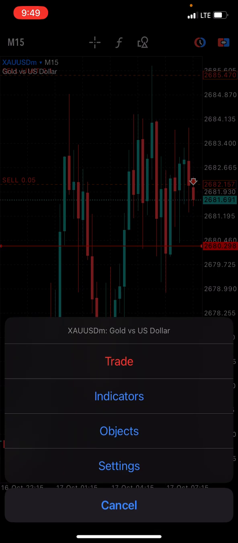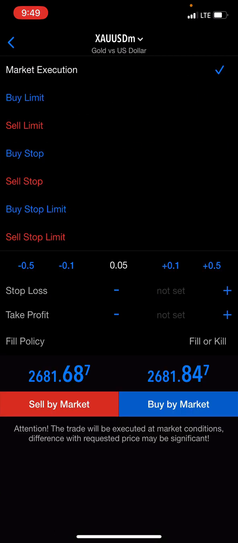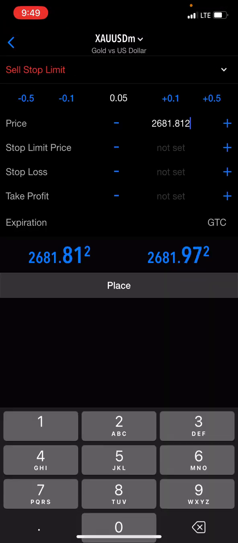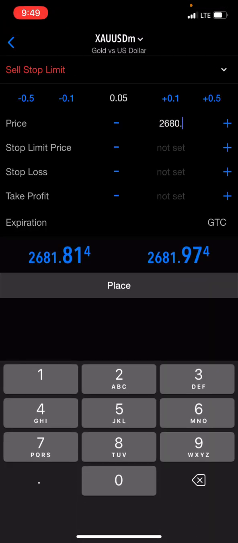So what I will do is go to trade, go to sell stop, then I will put in the price.